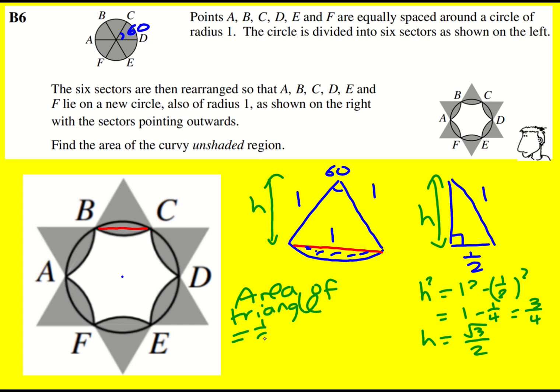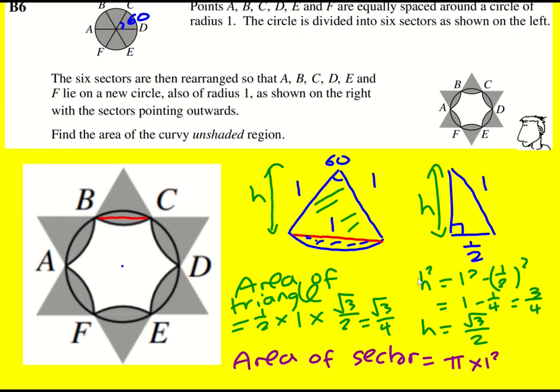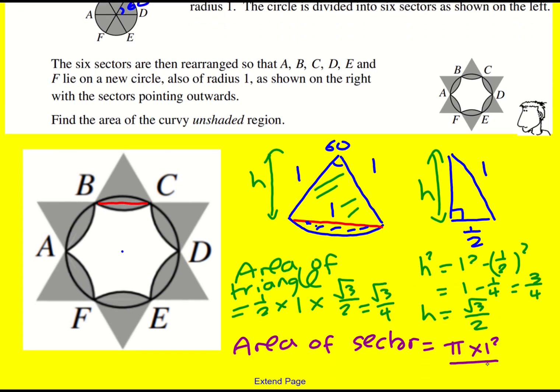It's going to be a half times base, which is 1. I'm now back to this triangle here, times the height, so root 3 over 4. And then the area of the sector is going to be pi r squared, pi times 1 squared, but then I'm going to divide by 6 because remember, I've split the circle into 6.